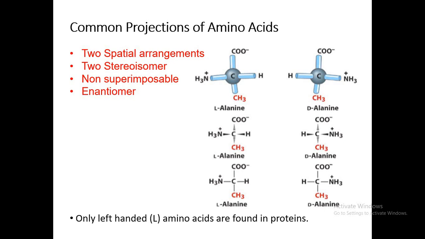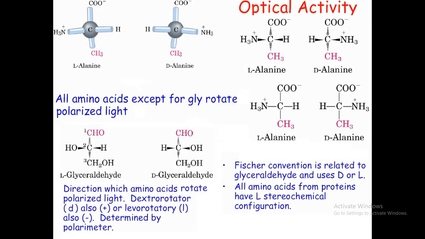And one thing more: although an amino acid can exist in 2 stereoisomeric forms, the L form and the D form, in proteins only the left-handed, that is L, amino acids are present. Proteins do not have D amino acids. So keep in mind that only the L form of amino acids is present in proteins.